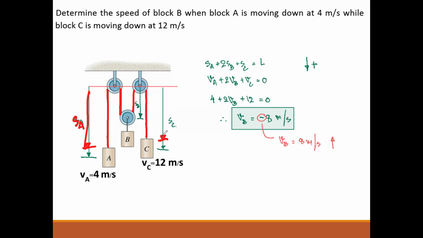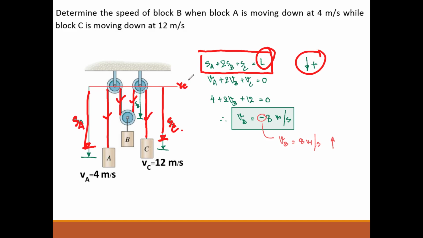So we can write the constraint equation composed of this line, that is SA, plus 2SB and also SC, which becomes the constant length L. After that, we take the first derivative of this equation, and we have to set up the positive sign convention according to the reference.